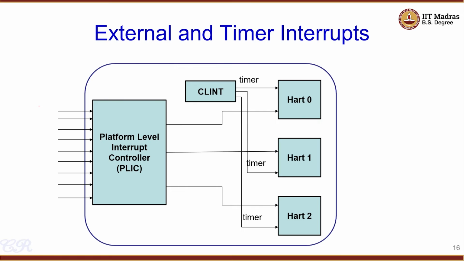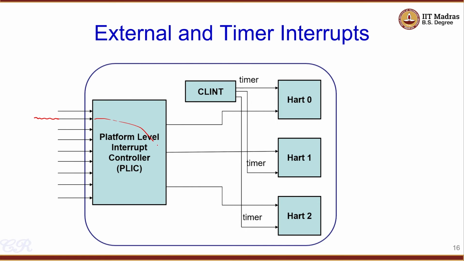While devices like the keyboard and mouse are connected to the platform interrupt controller, the PLIC would route these interrupts to one of the 3 harts based on some scheduling algorithm. So, let us say we have a device here which has raised an interrupt.